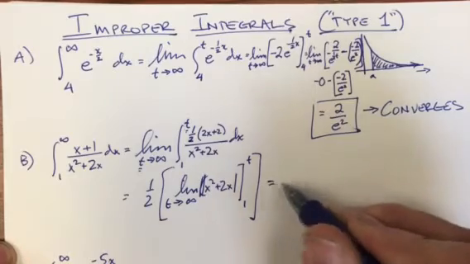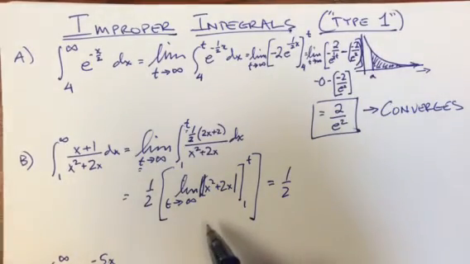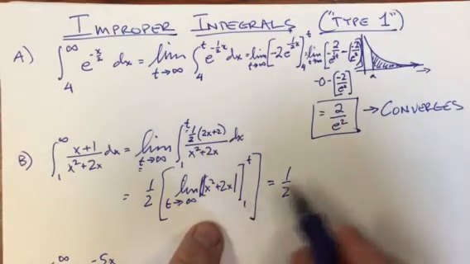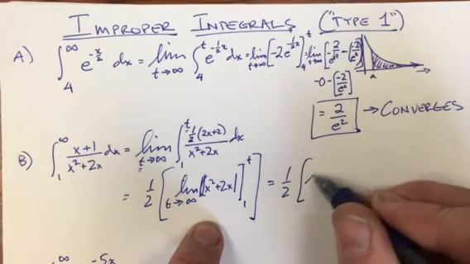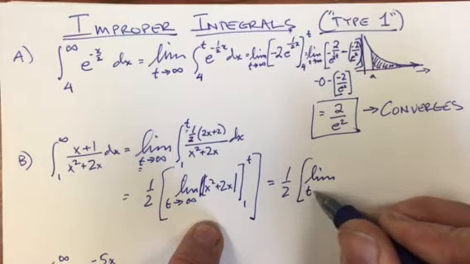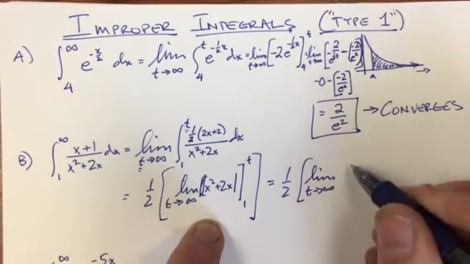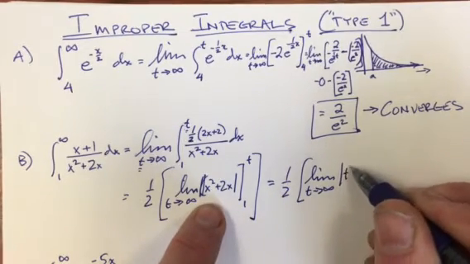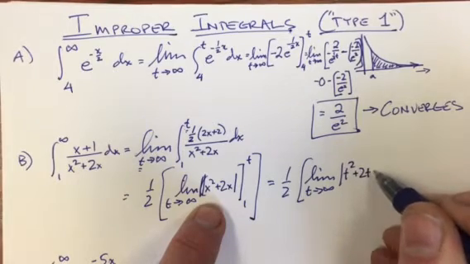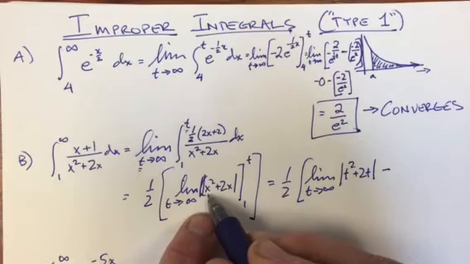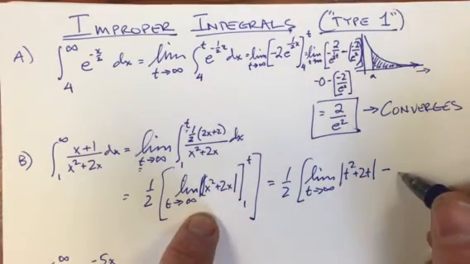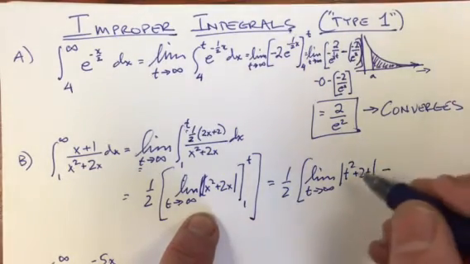So what is that? Well, that's going to be 1/2, and then as I substitute in t, it's going to be the limit as t goes to infinity of the ln of t squared plus 2t, and then minus, when I plug in 1, the ln of 1 plus 2, sorry, that should say ln.